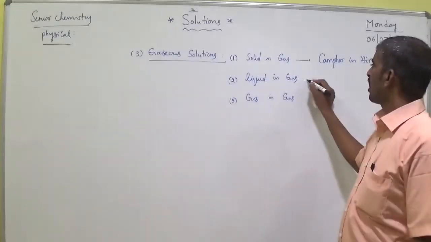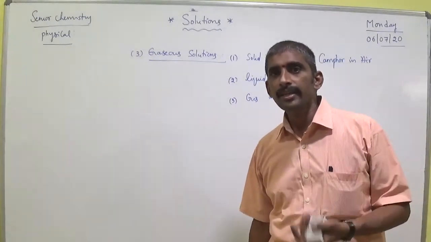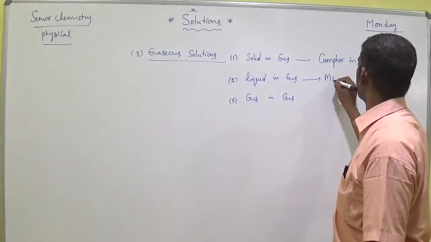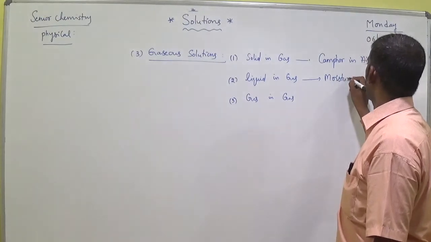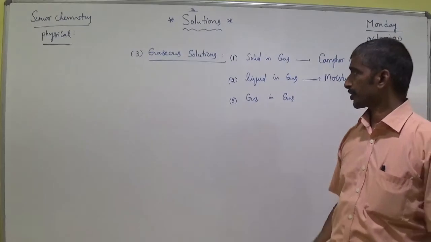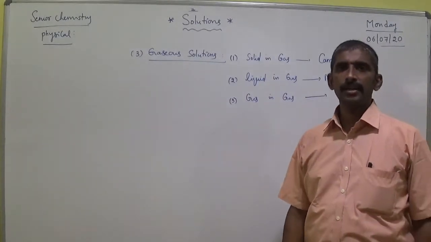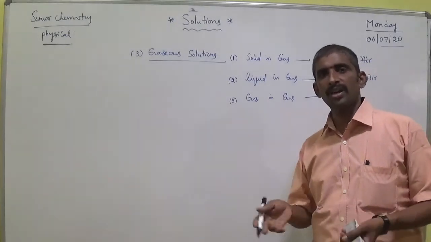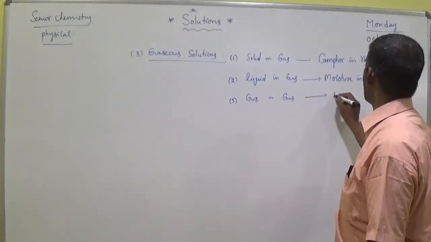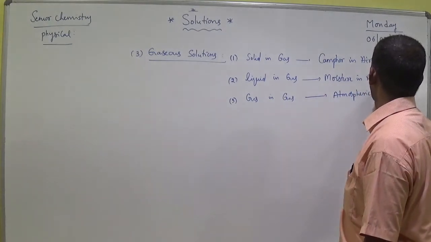Solid in gas. And liquid in gas: moisture in air. Moisture in air, which type of solution? Liquid in gas type solution. And gas in gas: here both solute and solvent are in the gas state. Example, atmospheric air.